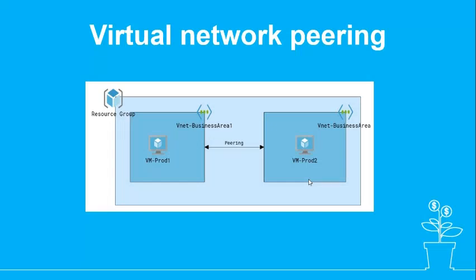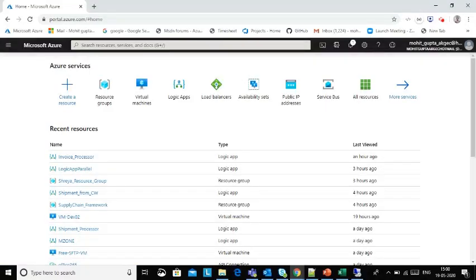Okay, so let's start with our demo in which we are going to create the virtual network peering. So this is our Azure portal. I'm going to first create the resource group.